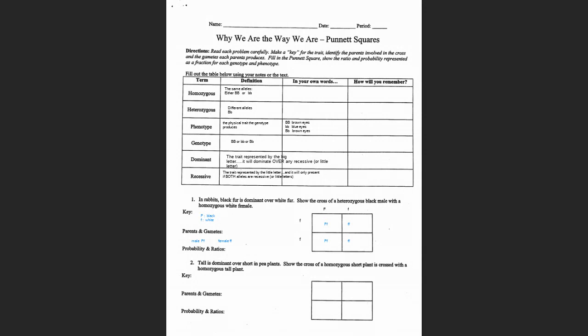And since there are 4 blocks, what do you think each one of those blocks represents percentage-wise? Yep, each one would represent 25%. Since there are 2 that have a big F in them, big F, little f is going to produce 50%. And what is the big F, little f going to produce? A black fur or white fur?